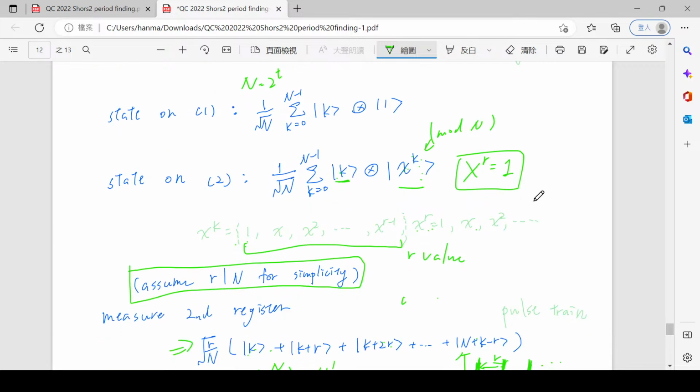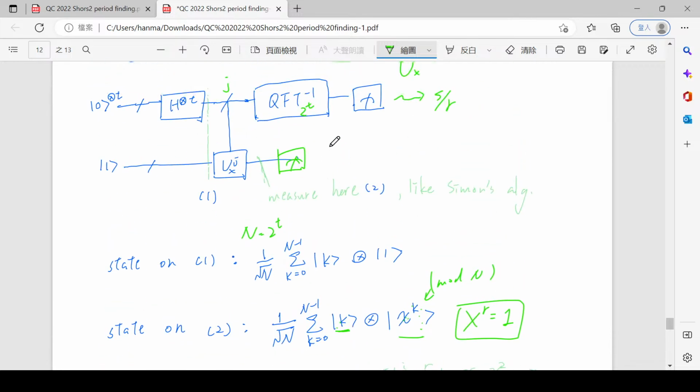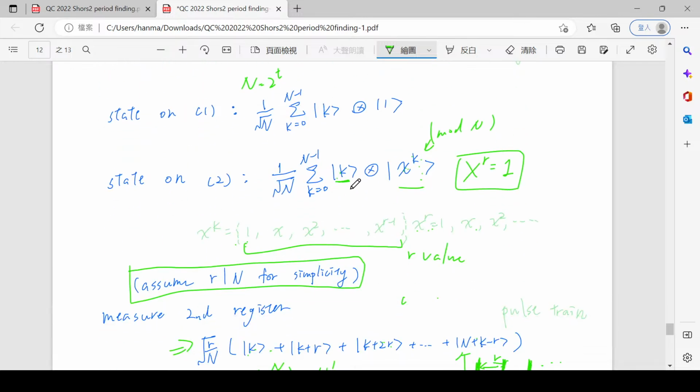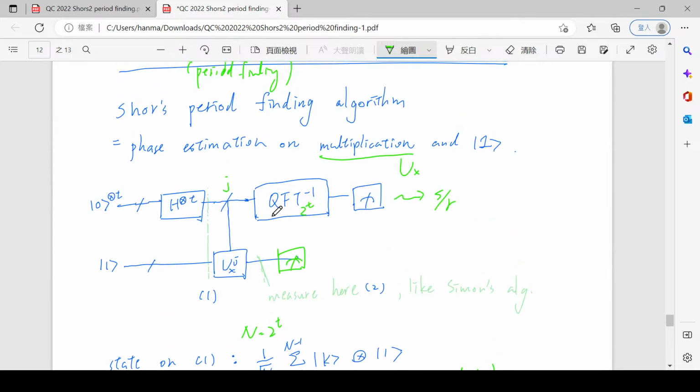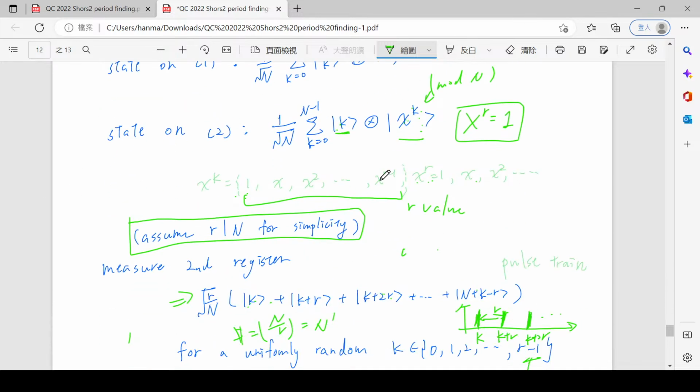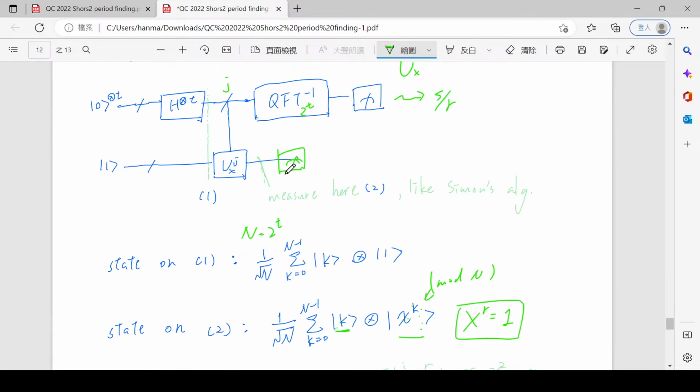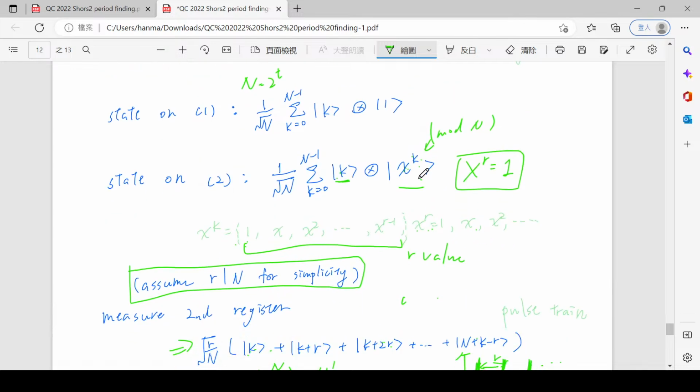And let's see the number here. So before you do the oracle, you have an equal superposition of every computational basis state on the first register. Then you apply the oracle, then on the second register you have this x to the kth power. And then we do this interesting analysis where we think about what happens if we do a measurement on the second register.